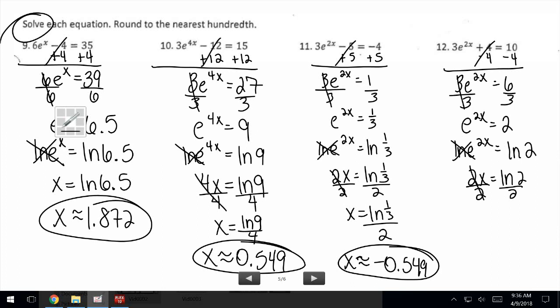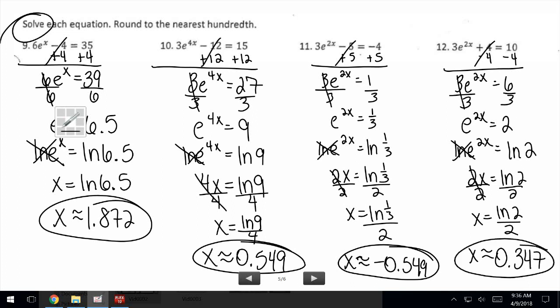Those 2's do not get canceled because what does that top 2 have? The natural log, right? So type in the natural log of 2 divided by 2. You get 0.346, is that what it says? That 6 rounds up. I think it's 0.347.